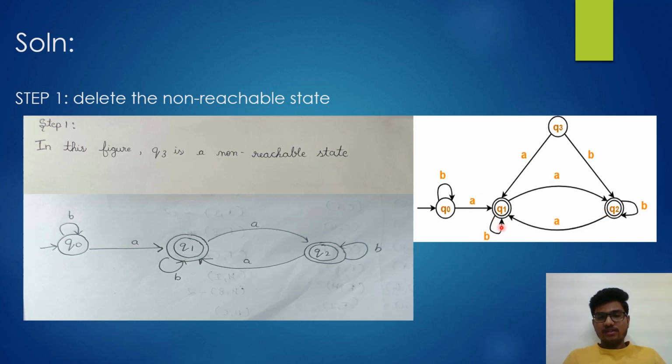But what we see here is that from Q1 none of the inputs goes to Q3, and from Q2 also none of the inputs go to Q3. We can figure out now that Q3 is a non-reachable state, and it is removed from the given DFA. After removing Q3, we get something like this. Here we have Q0, Q1 and Q2, but Q3 is removed from the DFA.